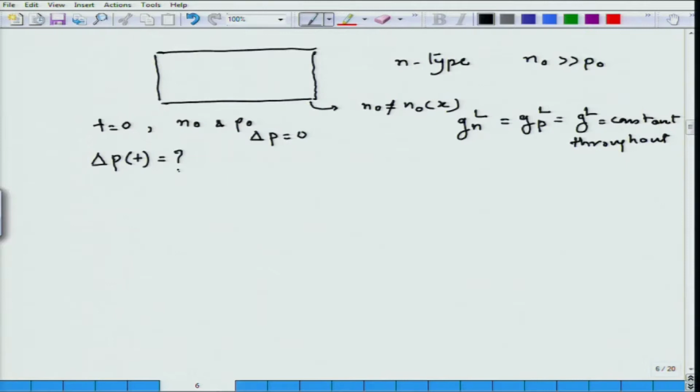This is what I want to find out, and I am going to use the minority carrier continuity equation to do that. So, I will use the minority carrier continuity equation for excess carriers, and this is for P here.